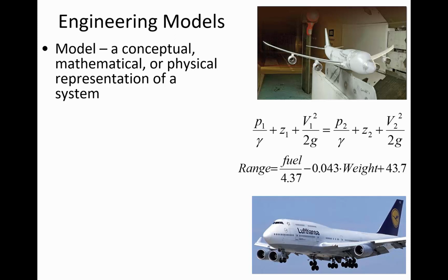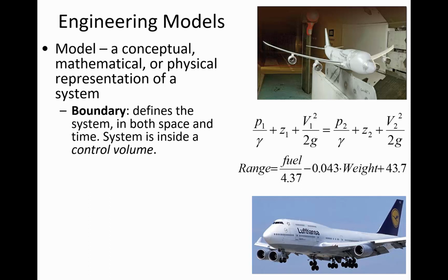It's laws that have been known and proven, and so it will be dimensionally homogeneous, where the units on the left and the units on the right are the same, whereas this equation for range just has a bunch of kind of odd correction factors in it, and it's a best fit equation that maybe is useful, but it's not based on any kind of comprehensive understanding of the physics. It's just curve fitting.